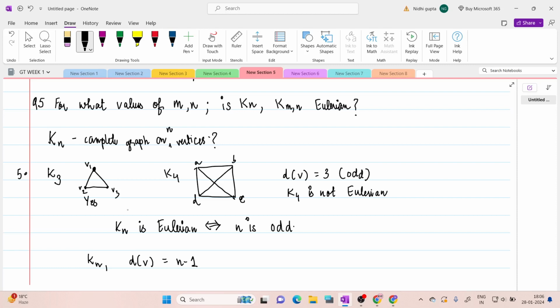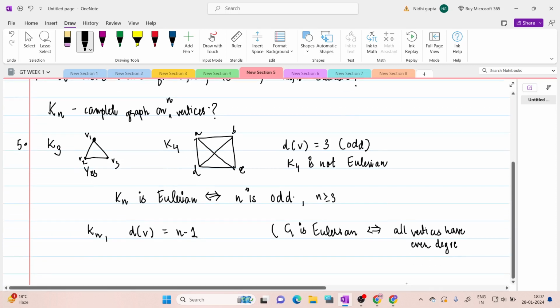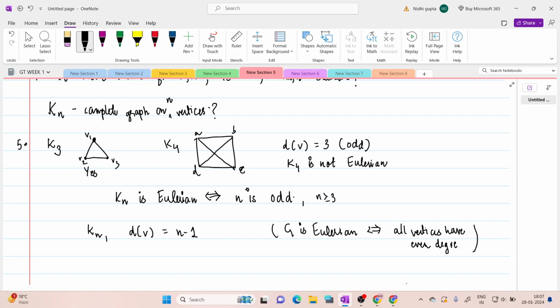And our result says that G is Eulerian if and only if all vertices have even degree. So when is n minus 1 even? When n is odd.